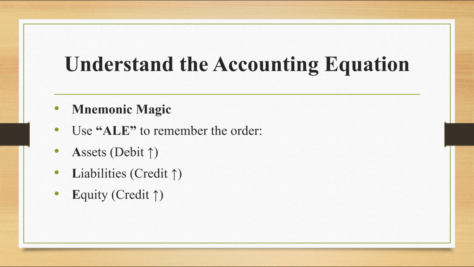If you pay the salary, assets will go down because the cash goes down, and on the other side, equity will also go down in the form of an expense, which reduces the profit. Those are the examples of how transactions affect the equation. You need to remember that it has to affect both sides of the equation.